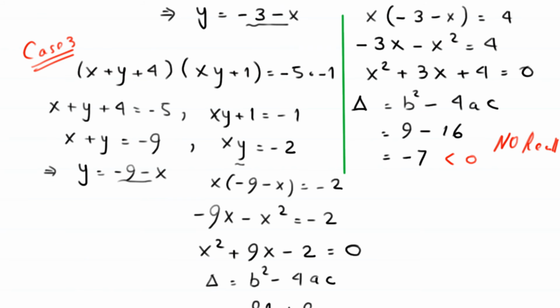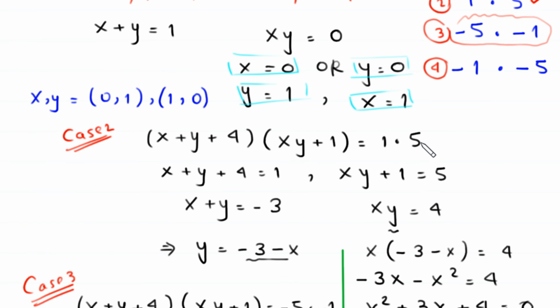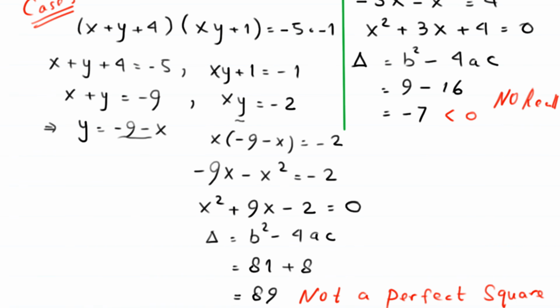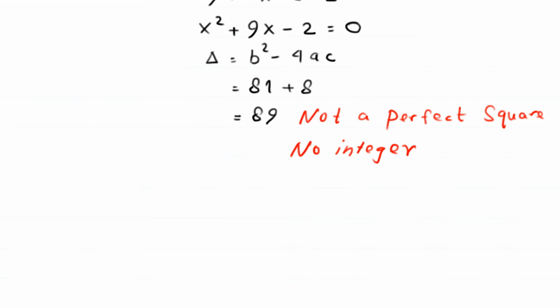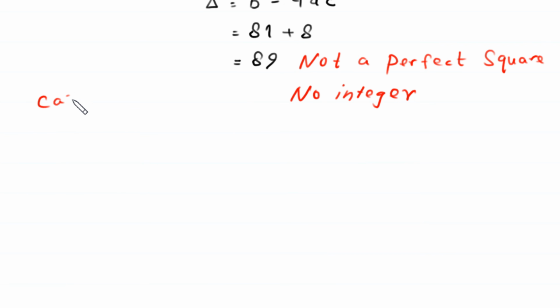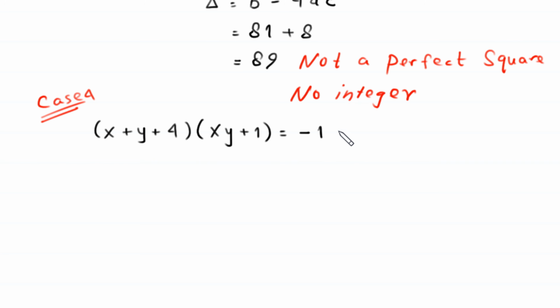In case 4, we have negative 1 times negative 5. In case number 4, we write the expression x plus y plus 4 times x times y plus 1 equal to negative 1 times negative 5.